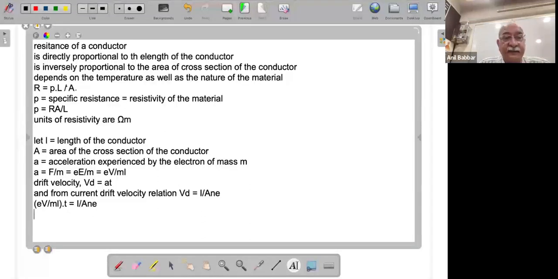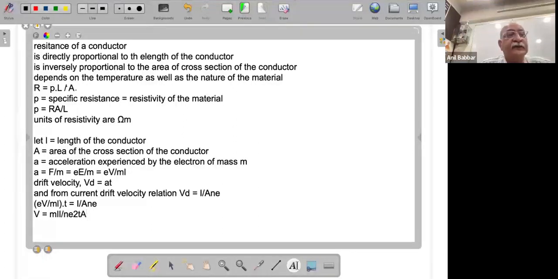This gives us V as m L I whole upon n e squared tau A, into area of cross section.